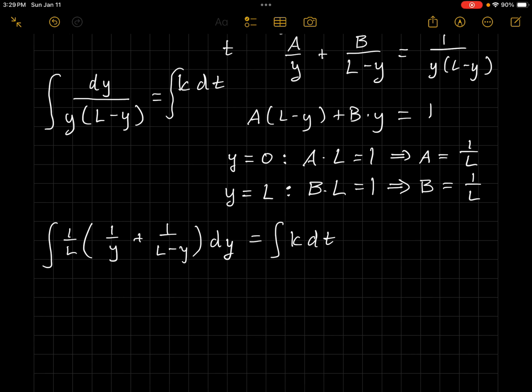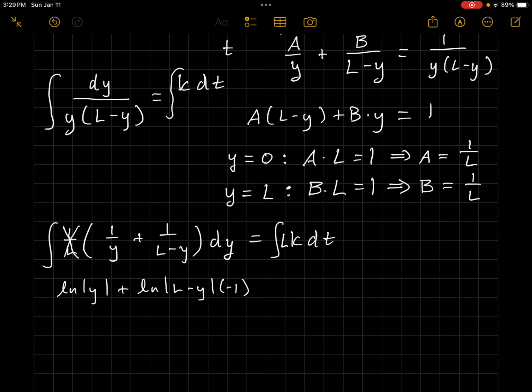Now I'm going to multiply the 1 over L to the right side. I'll put it right here and I'll cross it out on the left side. On the left, we would get natural log of y plus natural log of L minus y times -1.